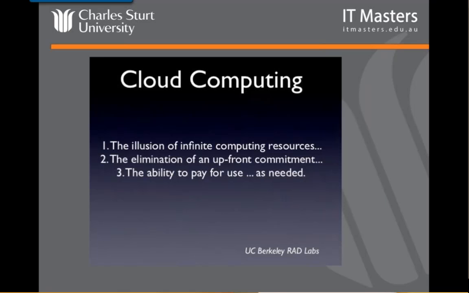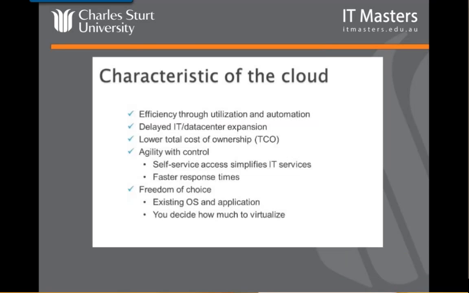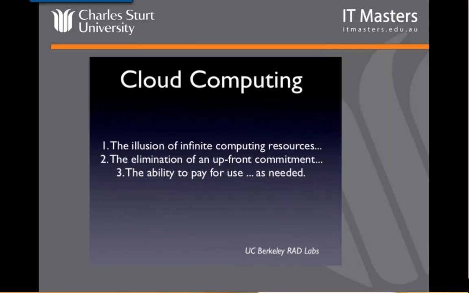So, based on the UC Berkeley RAD Lab, there are 3 important things in cloud computing. The first one is the illusion of infinite computing resources. We did talk about it on many different occasions. Then, it's again up to you how you can eliminate the upfront commitment.